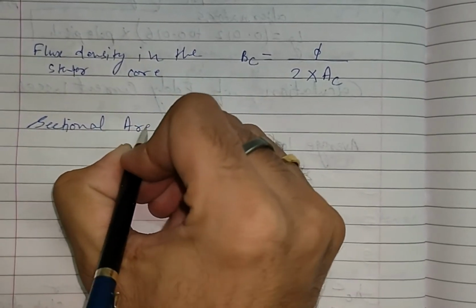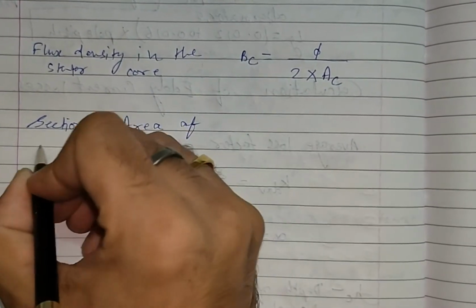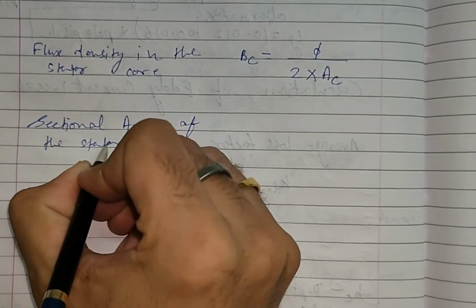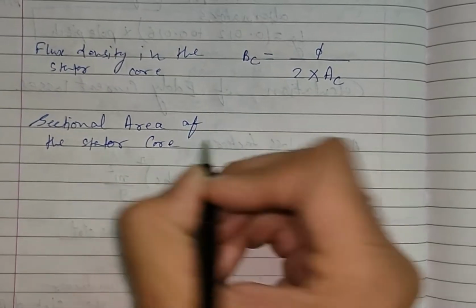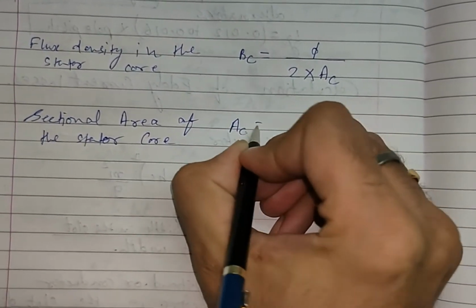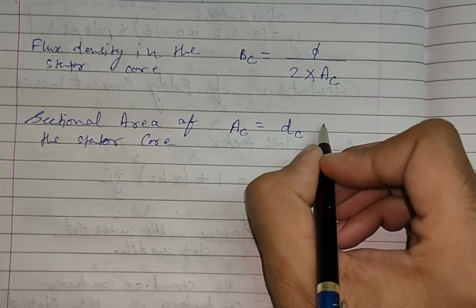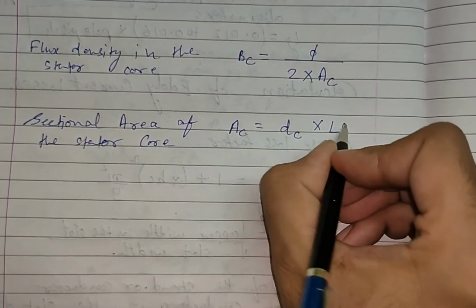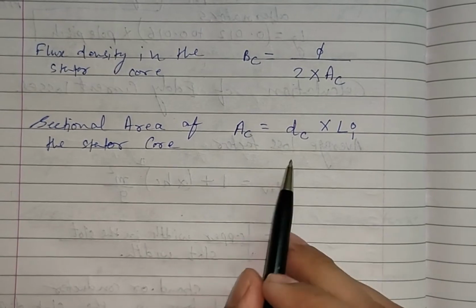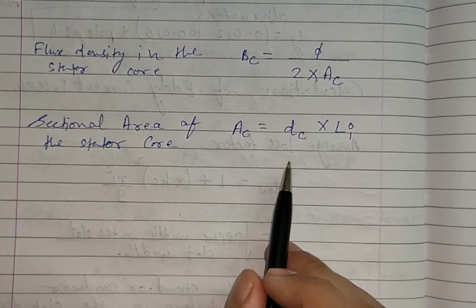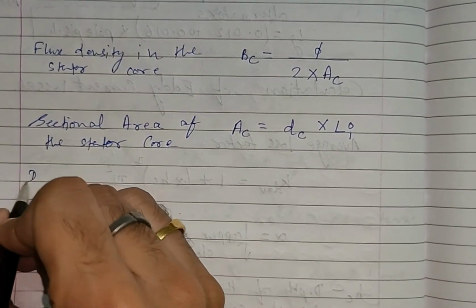Sectional area of the stator core, that is AC, can be given as DC into Li, where DC is nothing but the depth of the stator core. So let us represent this mathematically.